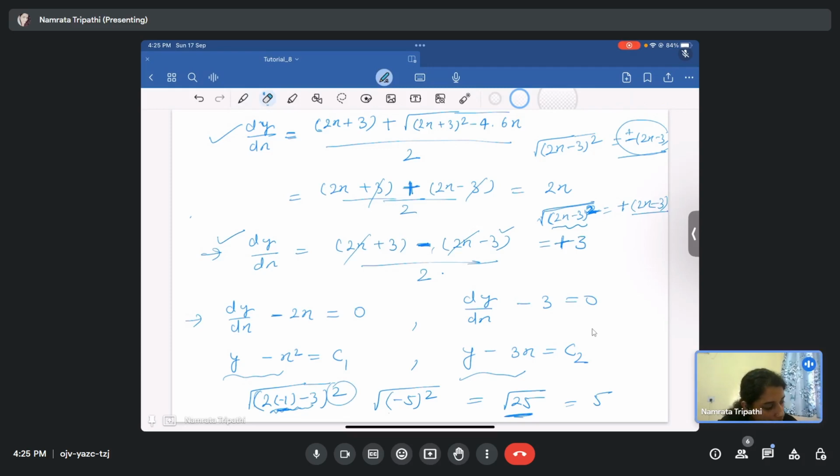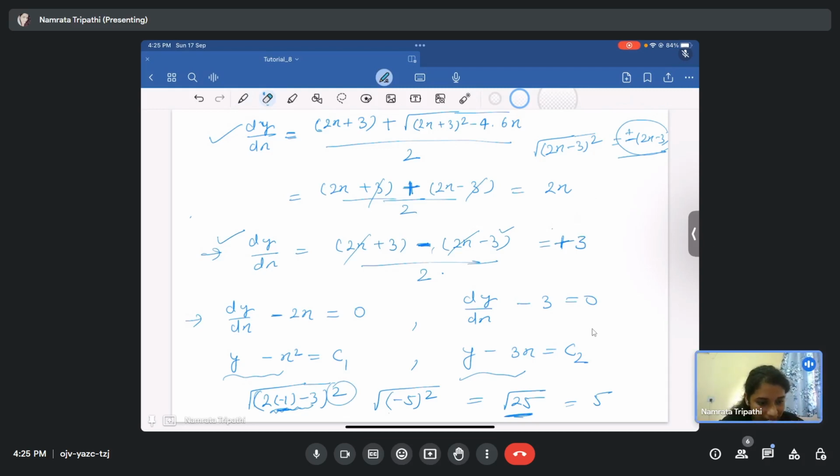After getting out of under root, you will get 2x minus 3. But for x less than 3 by 2 and x greater than 3 by 2? No, for all x, the whole square is under the root. So you will get, for all x, the value of under root is positive.